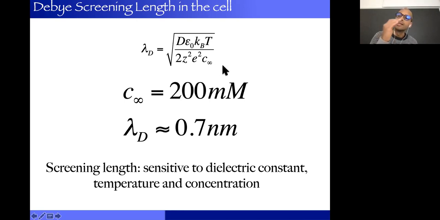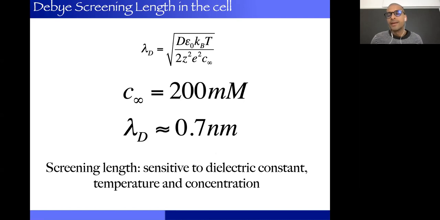And C infinity is the concentration of the ions in the bulk. If we took the concentration of ions in the cell that we discussed some time back, about 100 to 200 millimolar, and plug in thermal energy and a static dielectric constant of 80, you get that the Debye screening length is about 0.7 nanometers, so 7 angstroms.